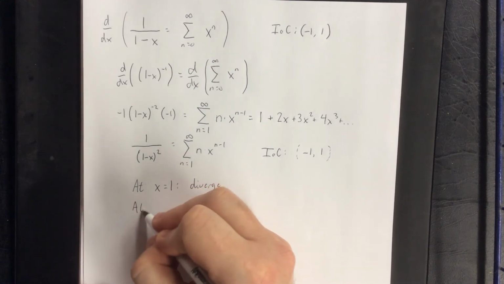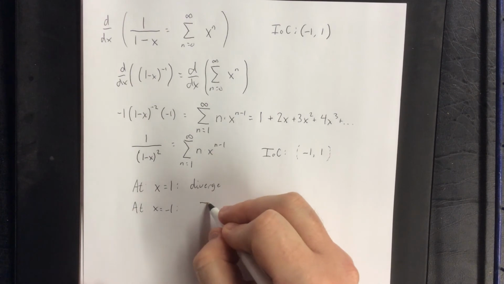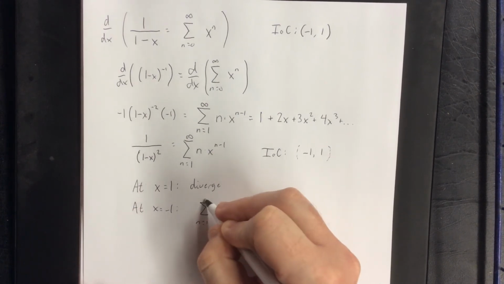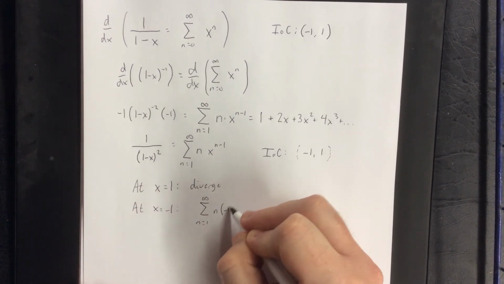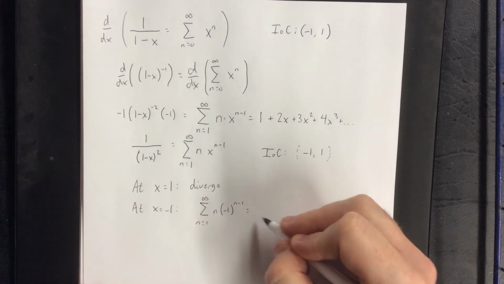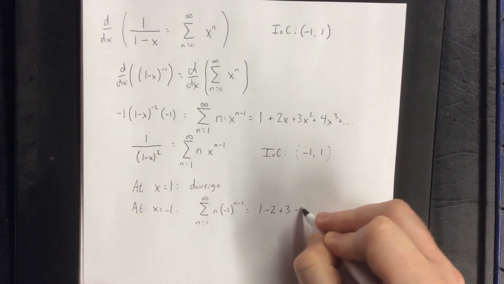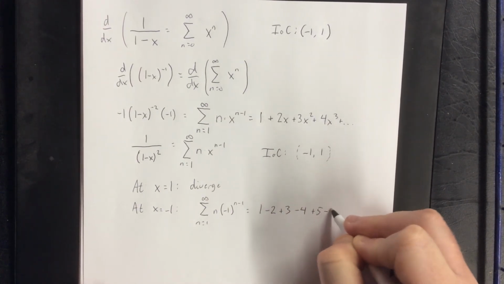However, if I were to plug in x equals negative 1, I would have the sum from n equals 1 to infinity of n times negative 1 to the n minus 1 power. This series would be considered 1 minus 2 plus 3 minus 4 plus 5 minus 6.